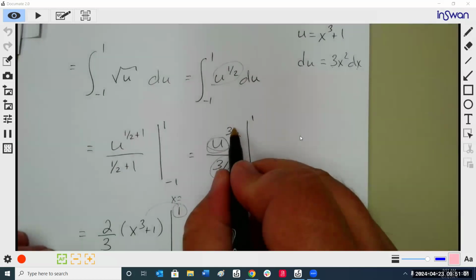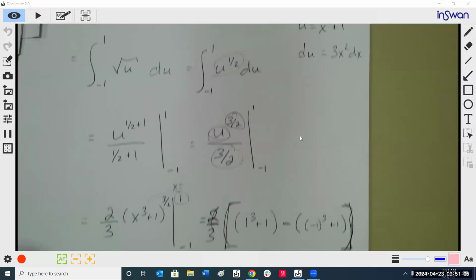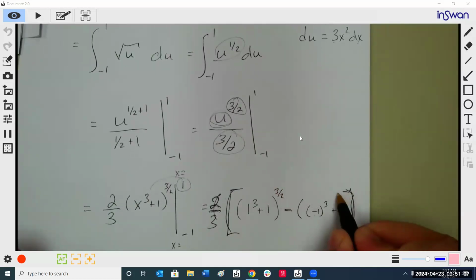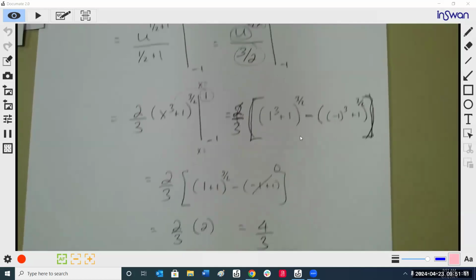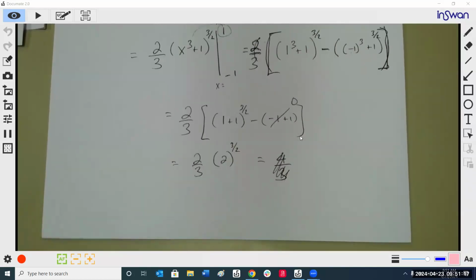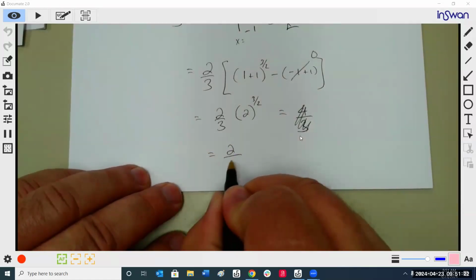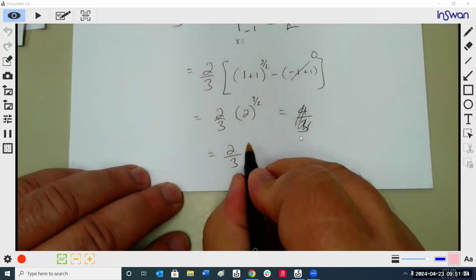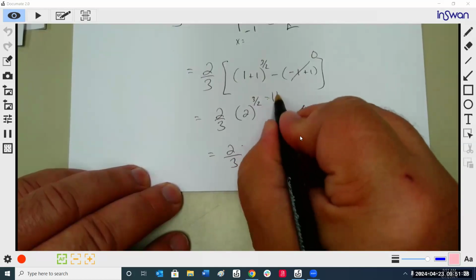Nuts. I forgot the exponent. 3/2. Three-halves. So this is 2 over 3. This becomes 1 and 1/2.